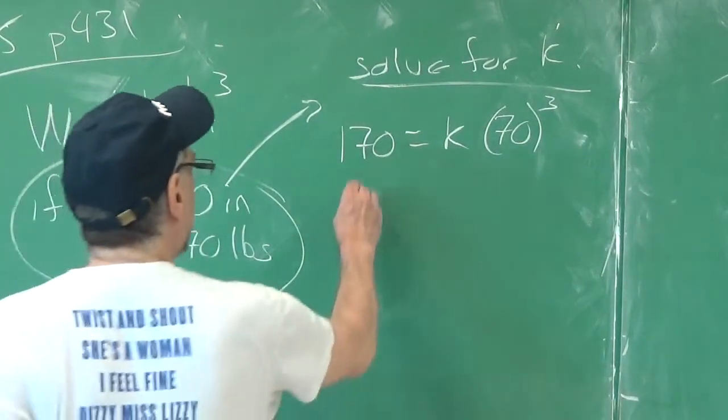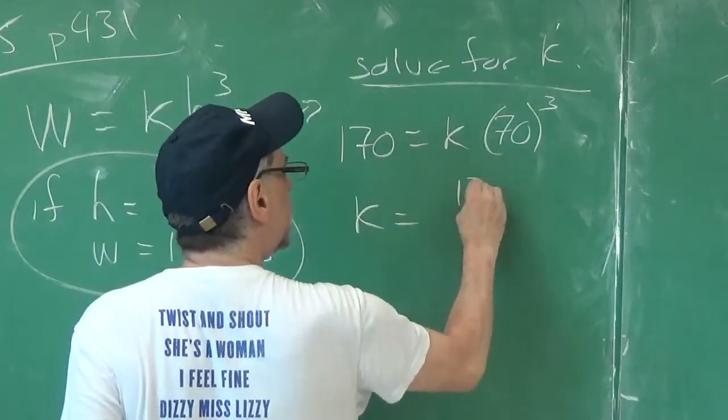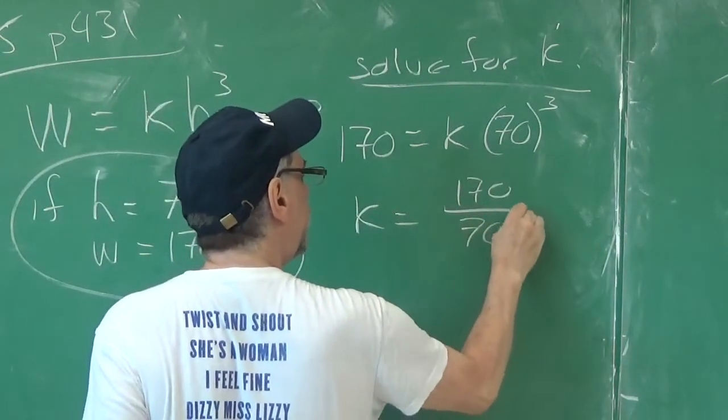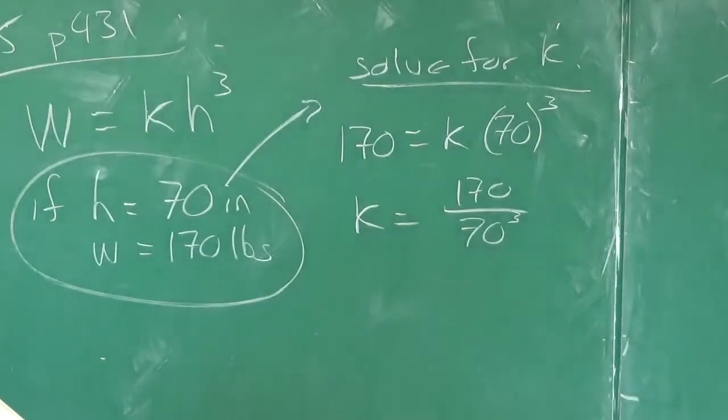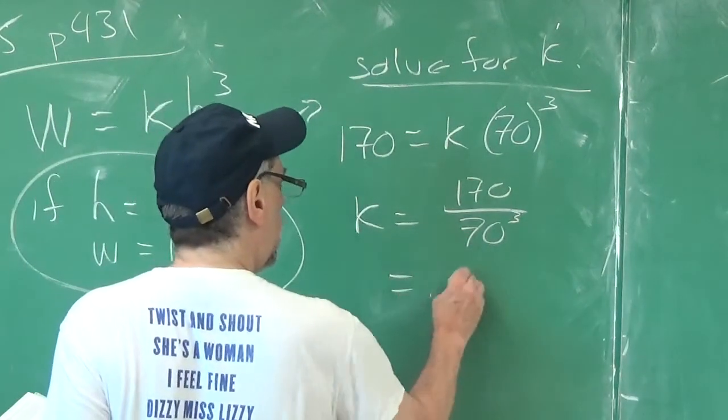What's K going to be? K is going to be 170 over 70 cubed. That's 0.000495.